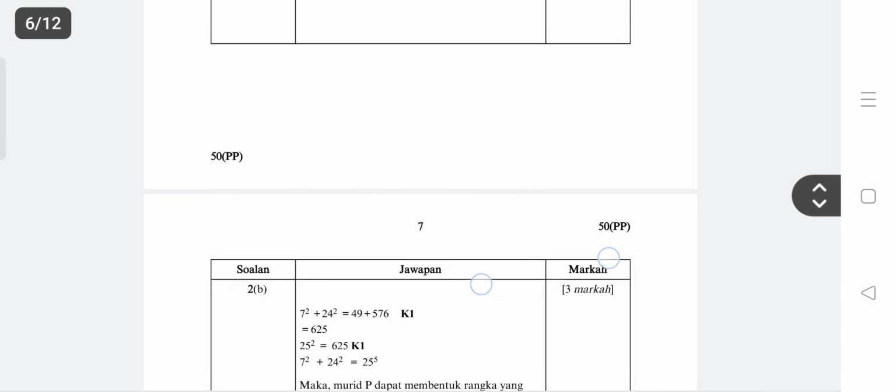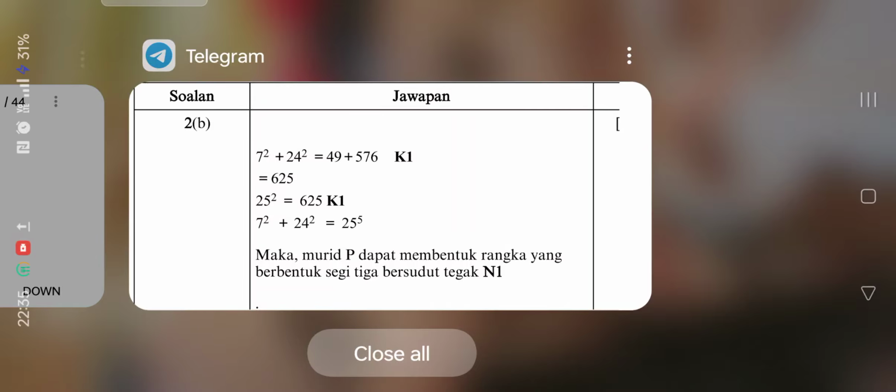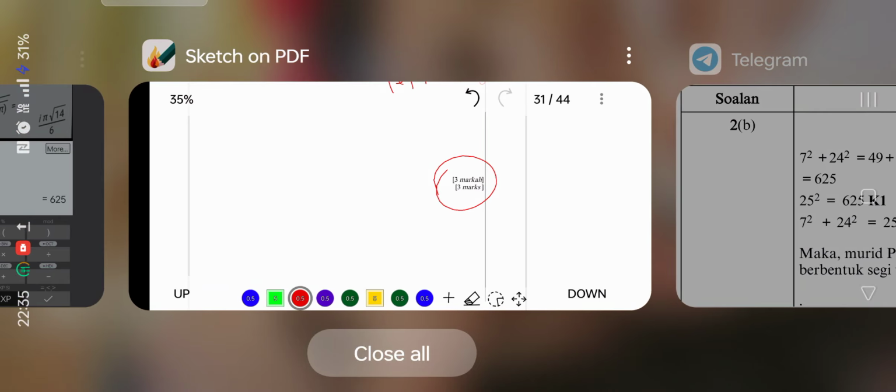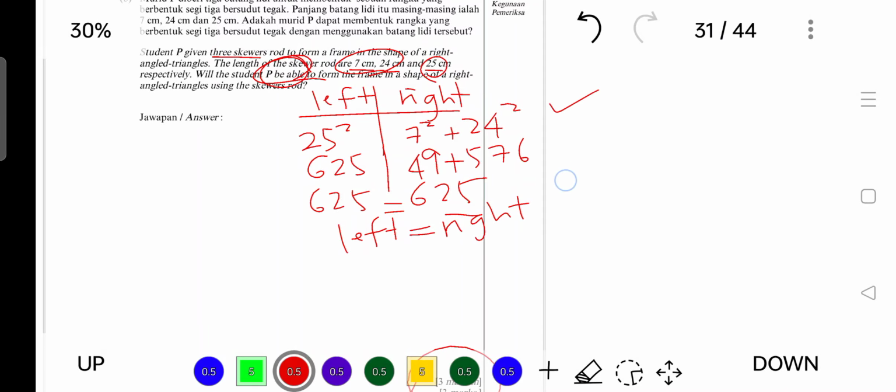Let's look at this. The first mark is when you have 49 plus 576 equal to 625. Next you have the 625. Next you have 7 squared plus 24 squared. You have 3 marks there.